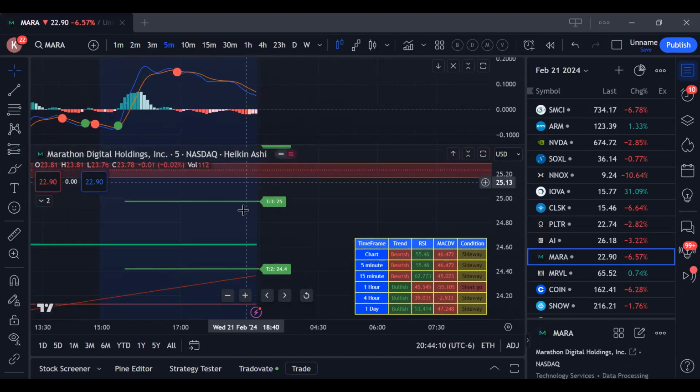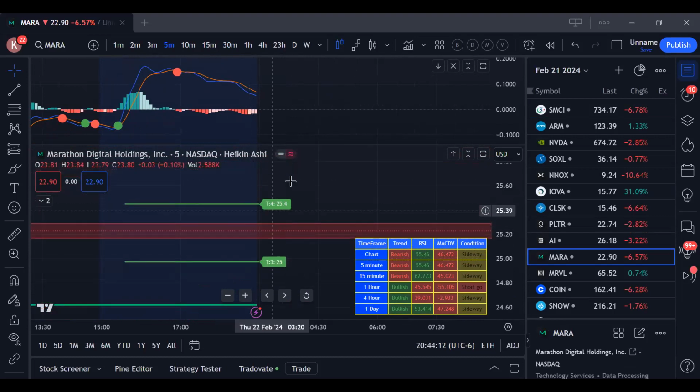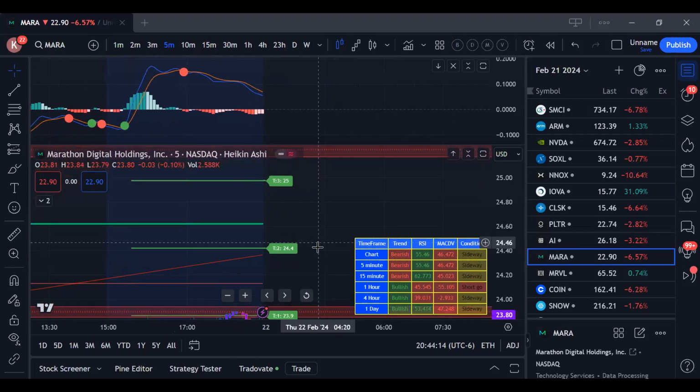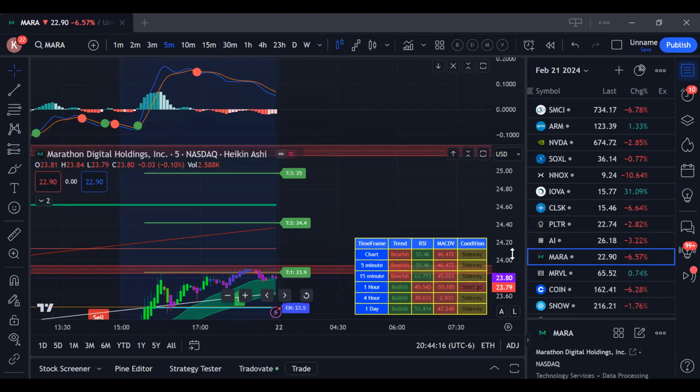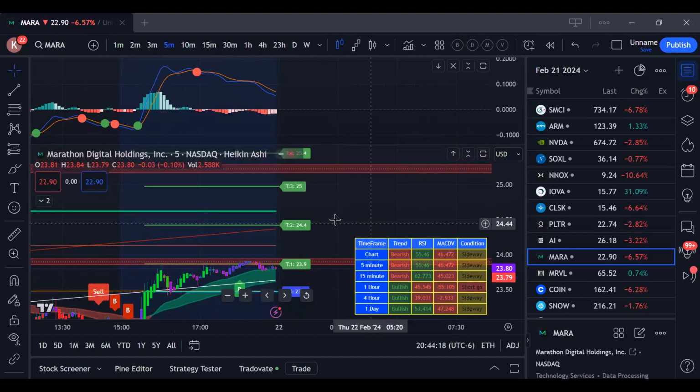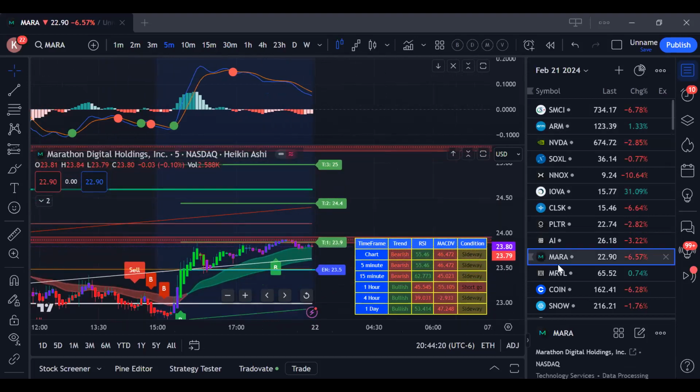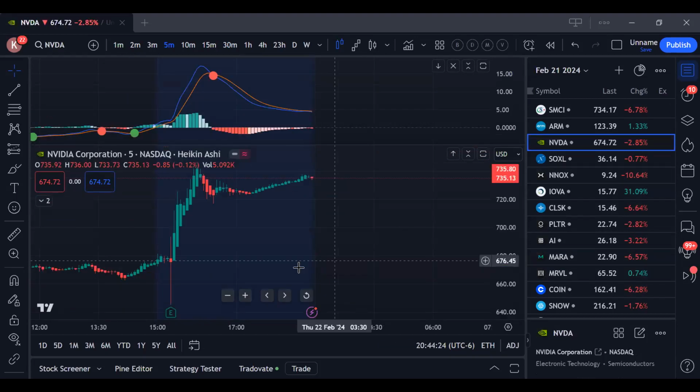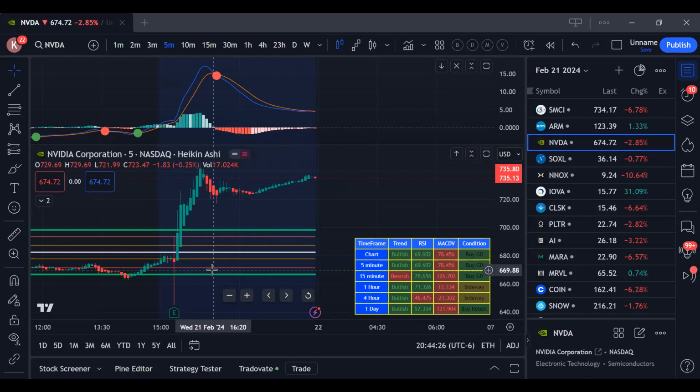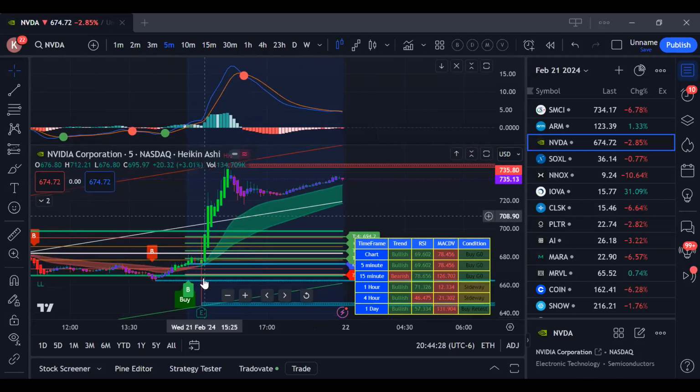If it breaks this one, it will go to 25, then 25. Like that, whatever you want, whether stocks or futures or options, whichever tickers you want, you can look. You can see, and Nvidia, we also took some trades. It came to the support, then started moving up.